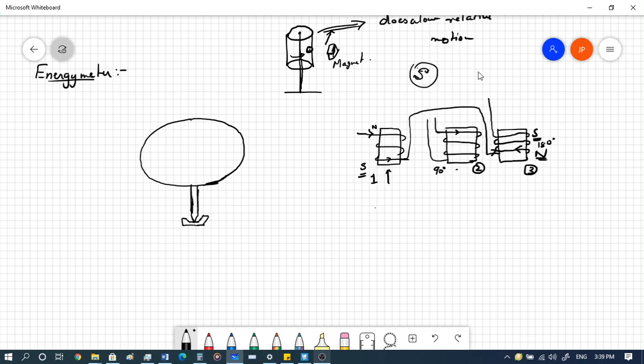So if you look at the graphs, since it's an alternating current, let's say this is the graph of 1, right?